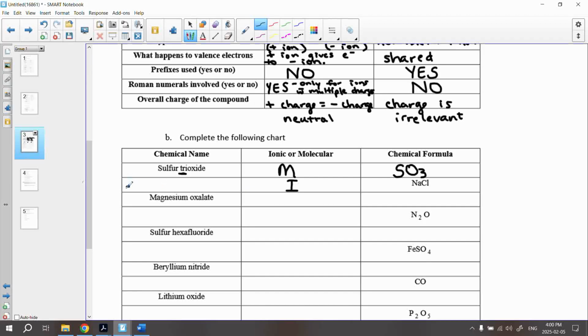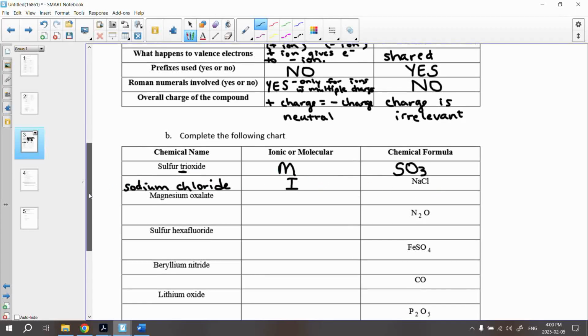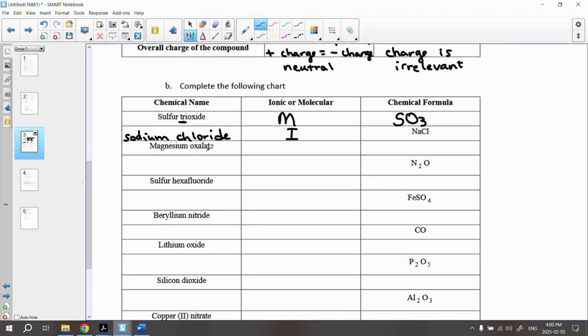And when I name an ionic compound, I just name the first element and change the second one to ide. And then I'm always got my eye out for whether or not they need Roman numerals. Another thing to look for is the ate ending or the ite ending. That indicates a polyatomic ion. Polyatomic ions are only involved in ionic compounds.